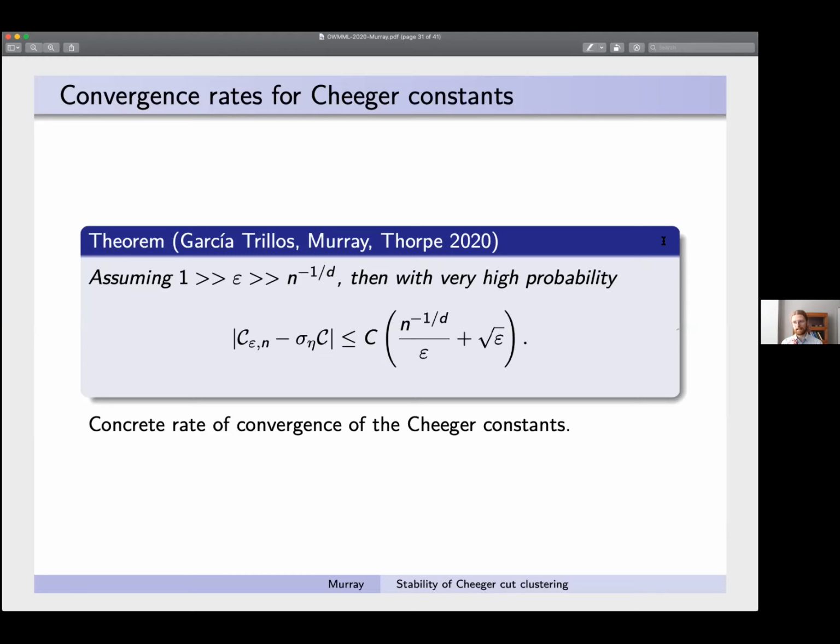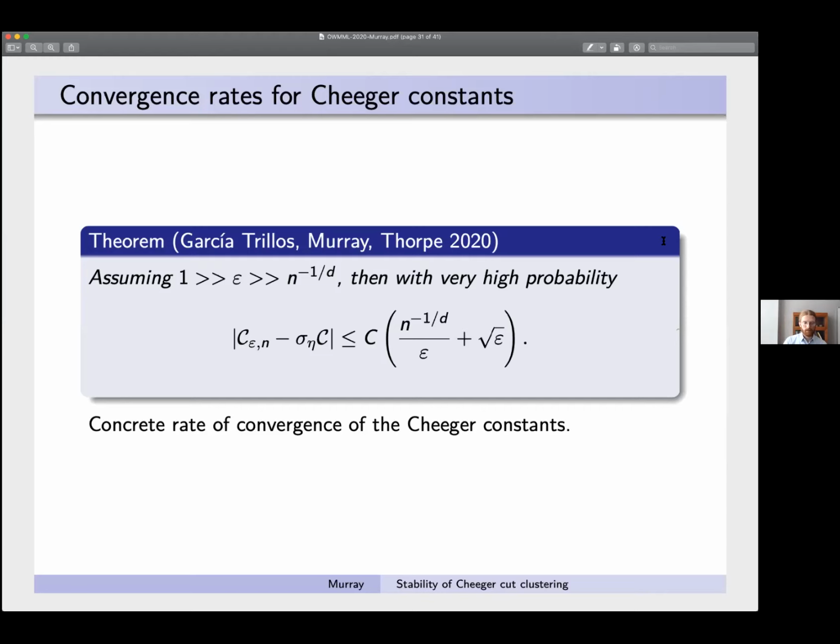Assuming the exact same Goldilocks regime, this epsilon is going to 0, but not faster than n to the -1/d. Then with very high probability, one can show that the difference between the minimizing Cheeger cut number, C epsilon n, and the rescaled Cheeger set energy, sigma eta sub c, is bounded by n to the -1/d over epsilon plus the square root of epsilon.